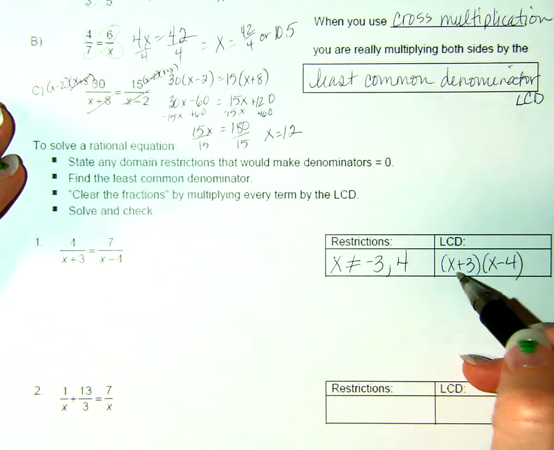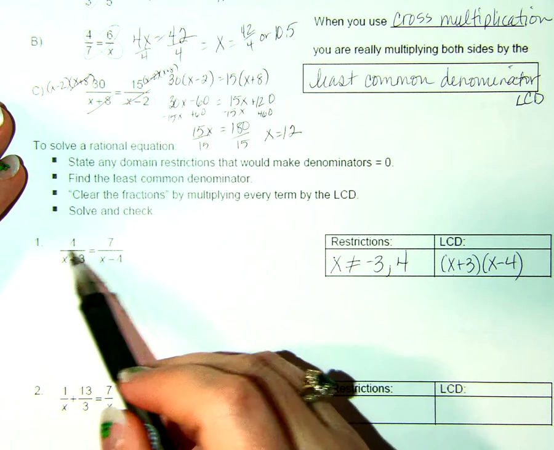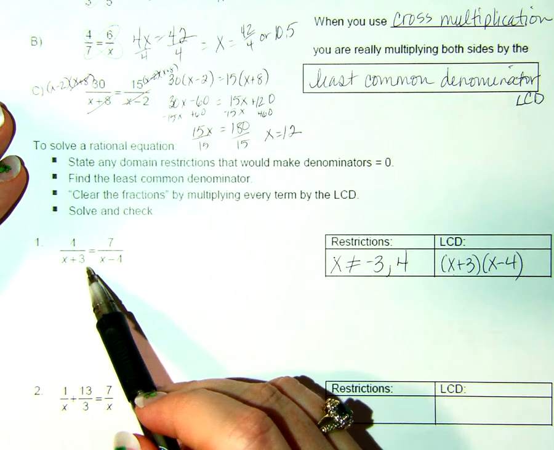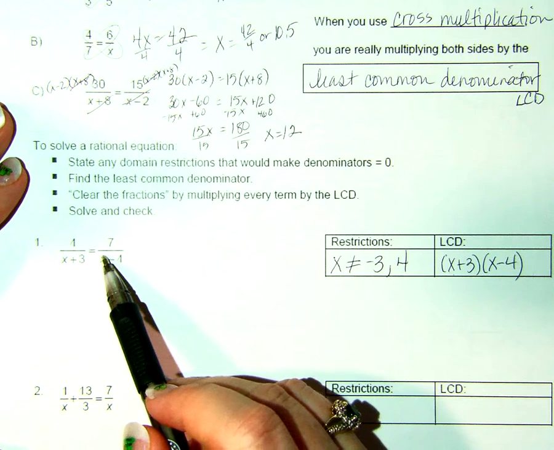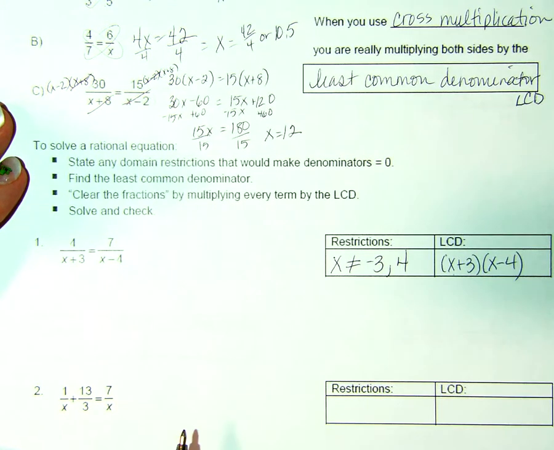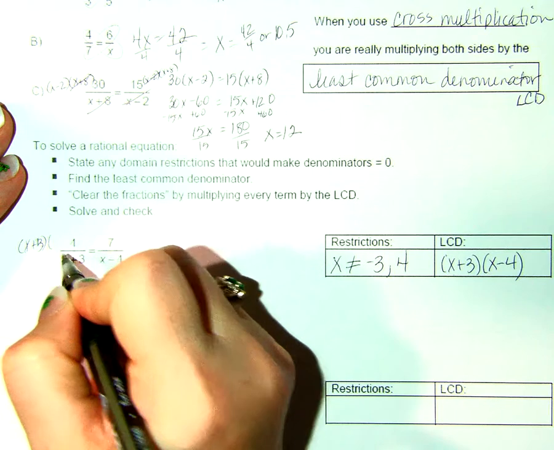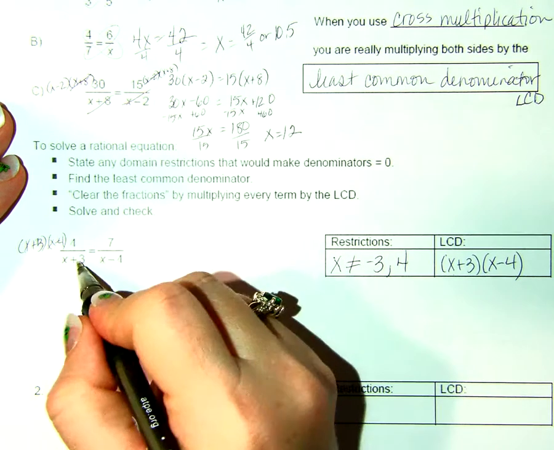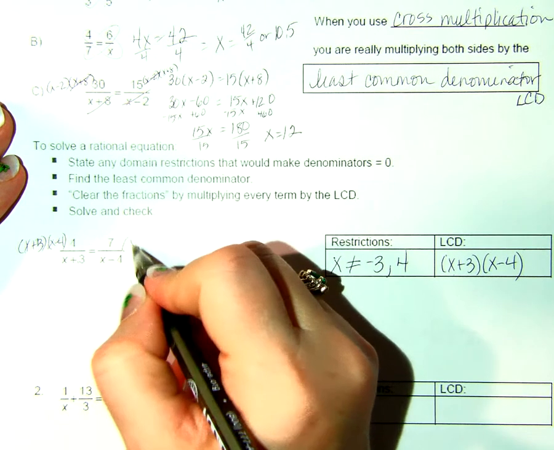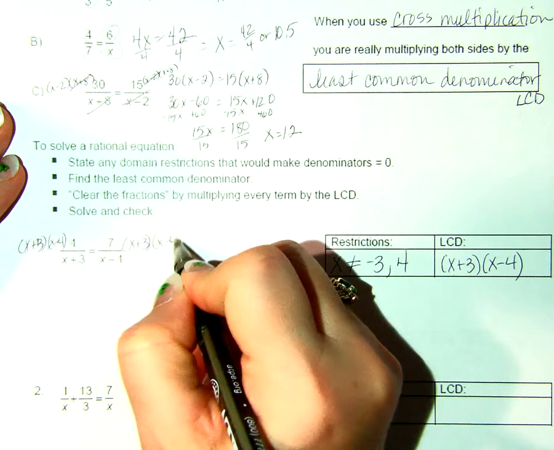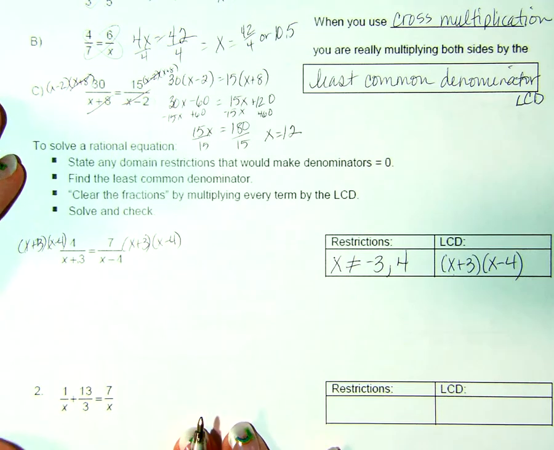We're going to multiply both sides of the equal sign, or in some cases every term, by the least common denominator. So I'm going to say x plus 3 times x minus 4 on that side, and x plus 3 and x minus 4 on that side.